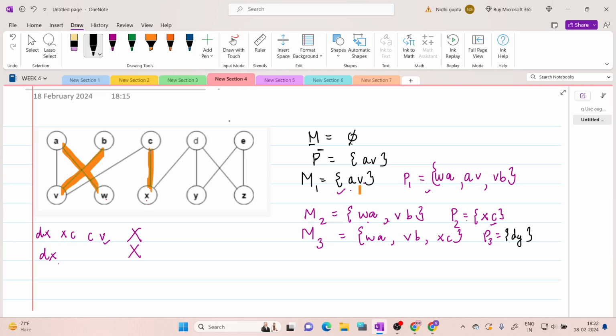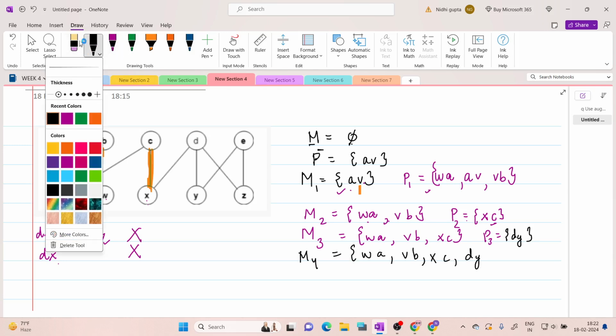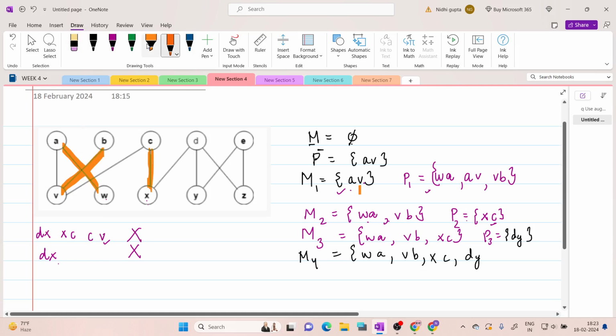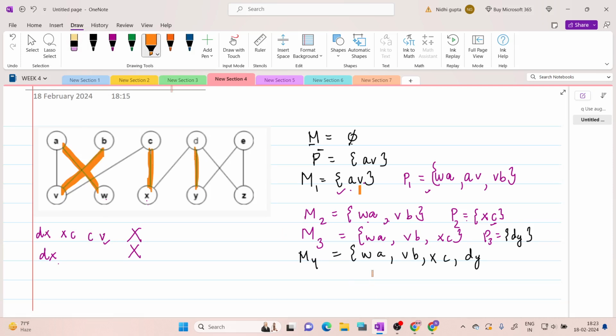D is not a matched vertex and Y is also not a matched vertex. And what is the symmetric difference now? We just take the union: XC, DY. Now, is this the maximal matching, or do we have an augmenting path with respect to this matching also?